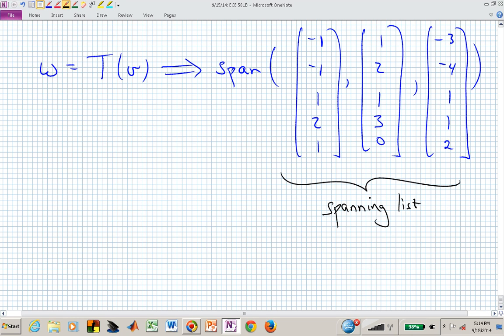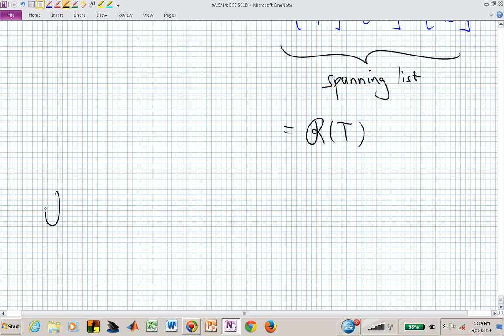This span is the range of T. That's where we can get to by any choice of x, y, and z. But in fact, this range of T has a smaller dimension than those 3 vectors would maybe lead you to believe.